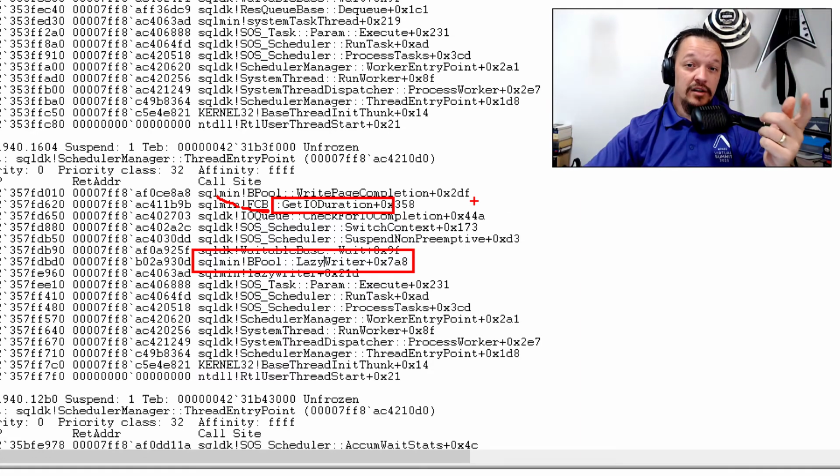You don't want lazy writer to cause you IO contention. And this is SQL Server being helpful, being friendly with you, avoiding this problem. This is really cool.